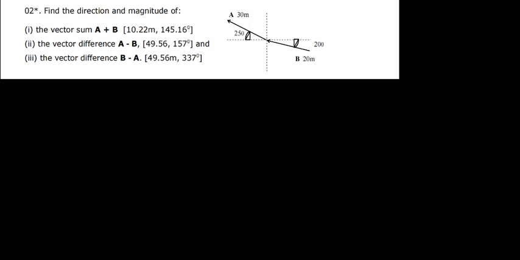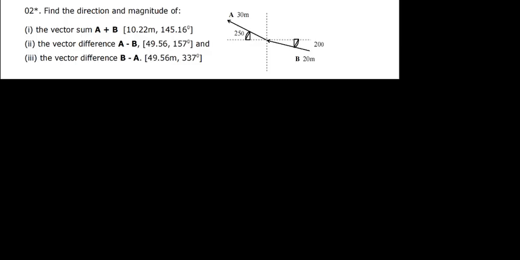But remember, when getting these vectors, you have to get the direction from the positive x-axis. For example, I have first to resolve each vector into x and y component. So let's first resolve each vector into x and y component.